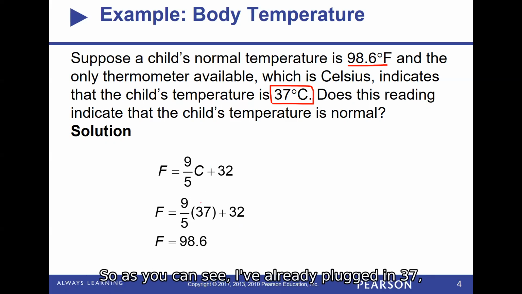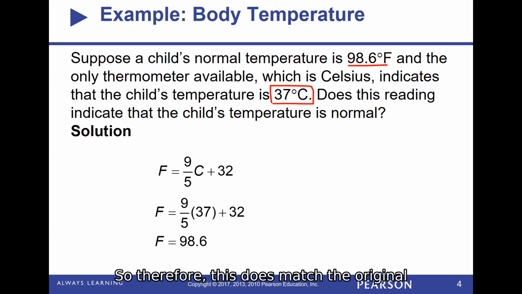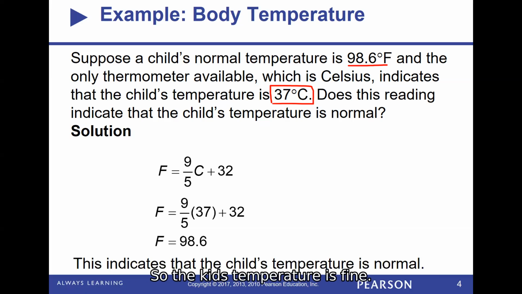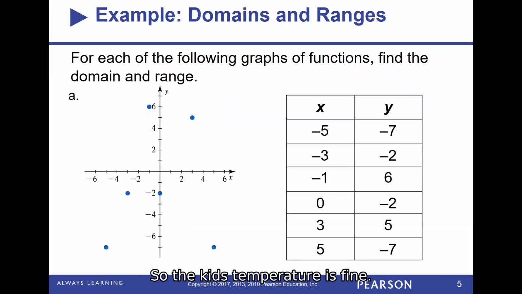I've already plugged in 37, so it's 9/5 times 37 plus 32. Multiplication comes first, then we add that 32, and everybody should have gotten 98.6. This does match the original, so it is actually normal. The kid's temperature is fine.